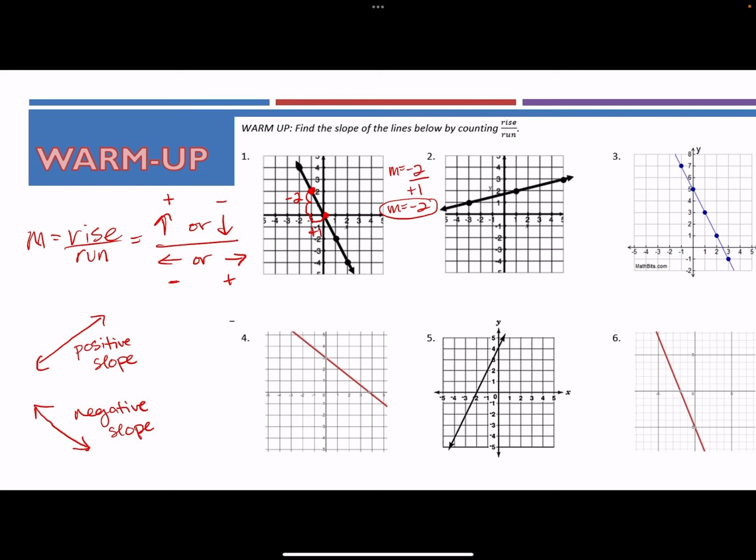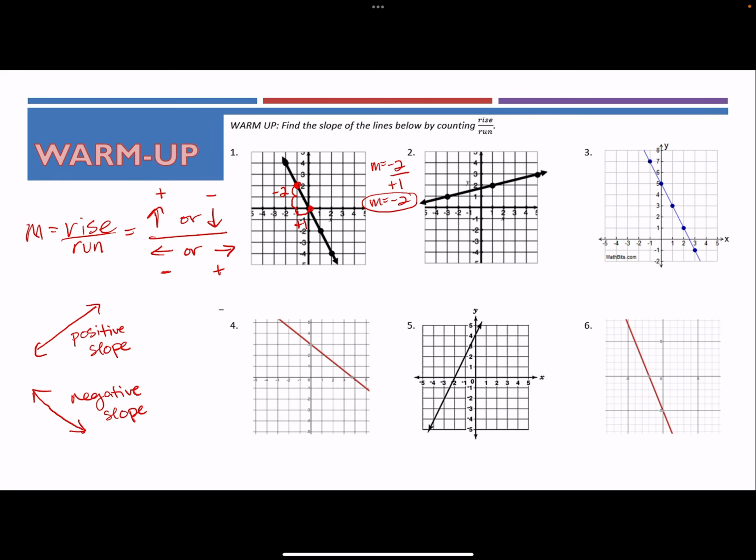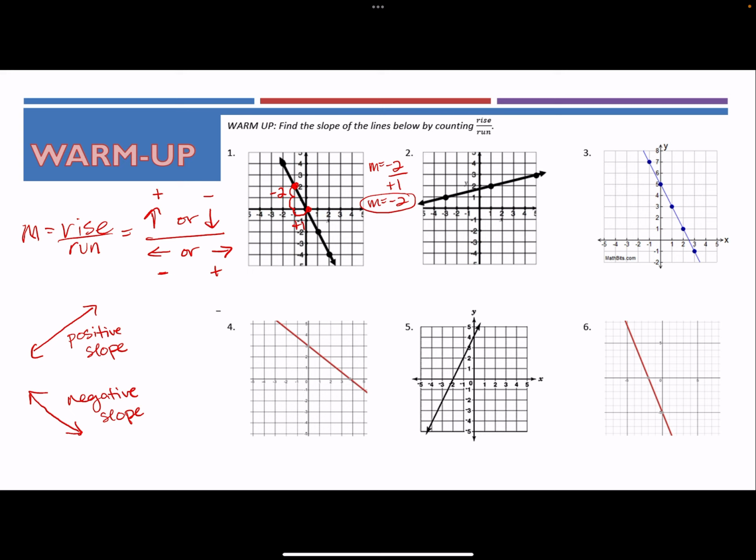I could also think of this as if I started at this bottom point here, I could go up +2, but then I would go to the left 1, so that's -1, so 2 over -1. Either way, I still get -2 as my slope when I simplify.